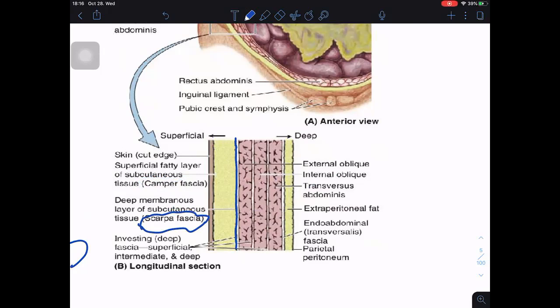Okay, so you have a fatty layer and you have a membranous layer. So the subcutaneous tissue's fatty layer is the Camper fascia, and the membranous layer is Scarpa fascia.